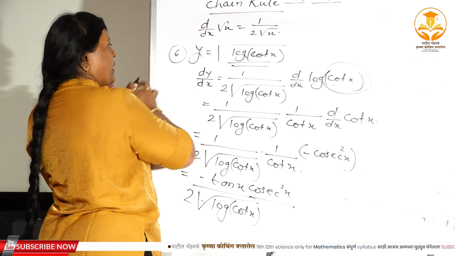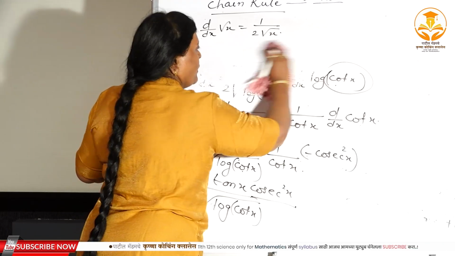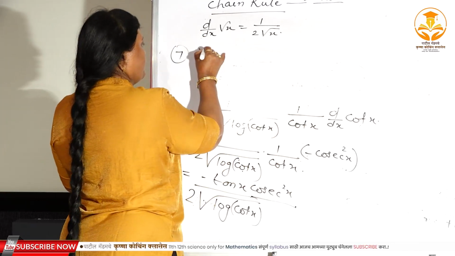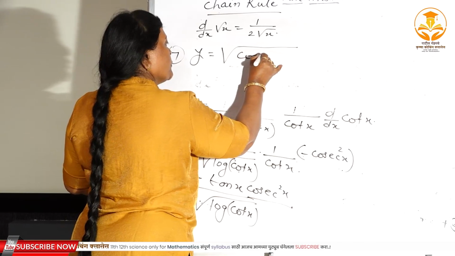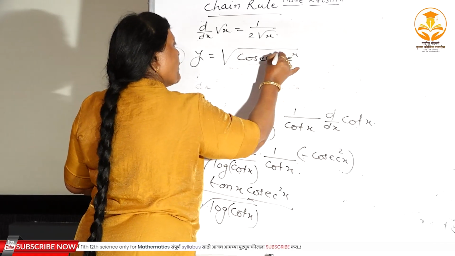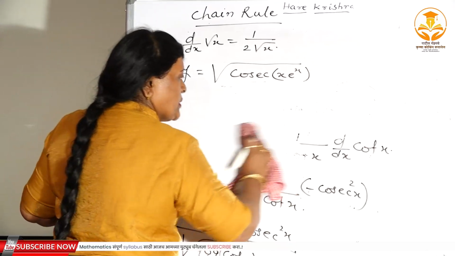Again, suppose I take the 7th example. See, y is equal to root of cosec x e to the power x. See this one. See how will you do this?